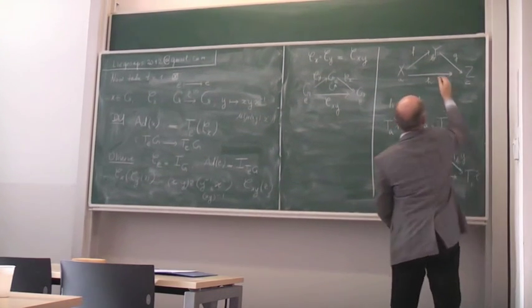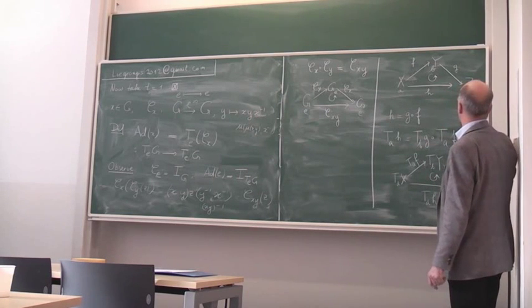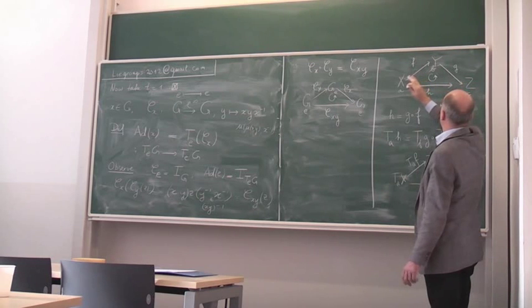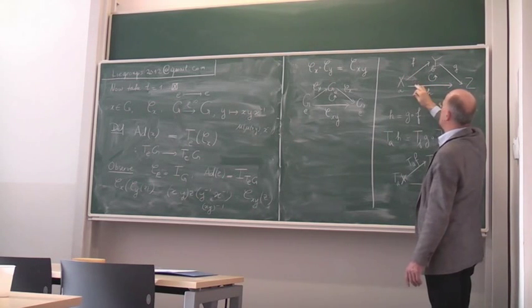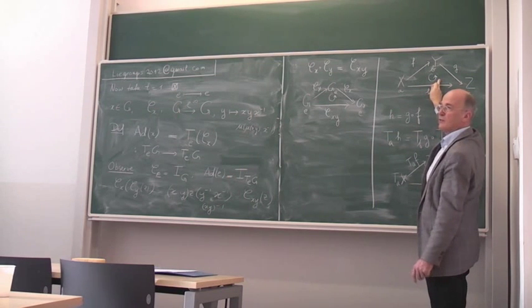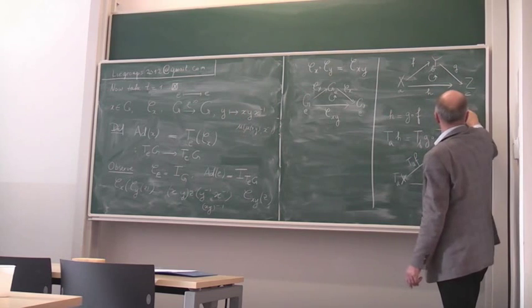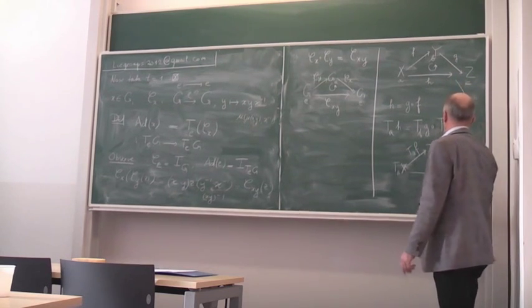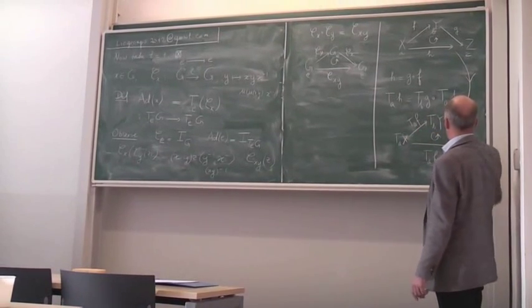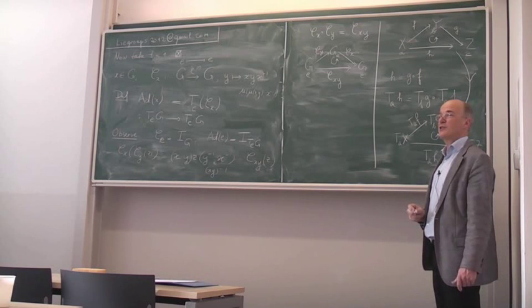So the chain rule may be formulated in the following way. If we have smooth maps of pointed manifolds, and we have such a commutative triangular diagram, then the associated diagram of tangent maps between tangent spaces is commutative as well. This is a reformulation of the chain rule.